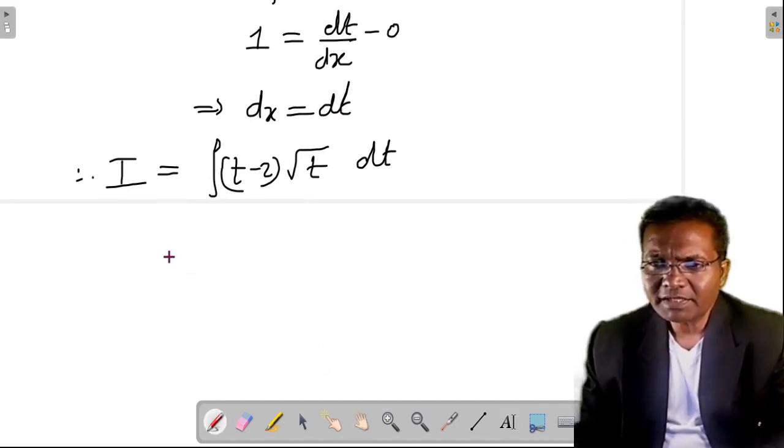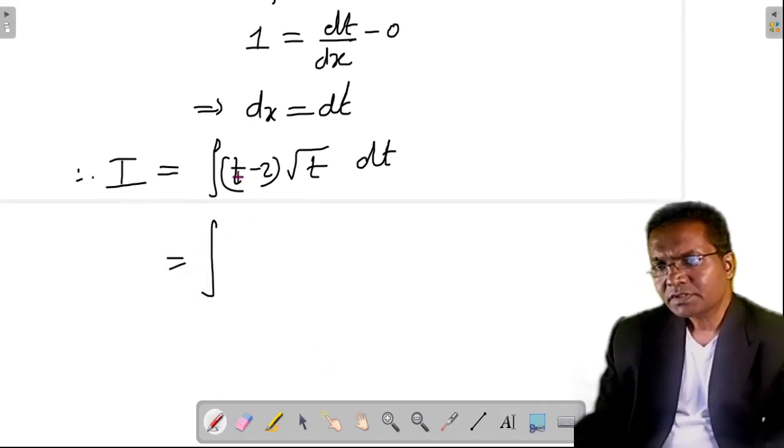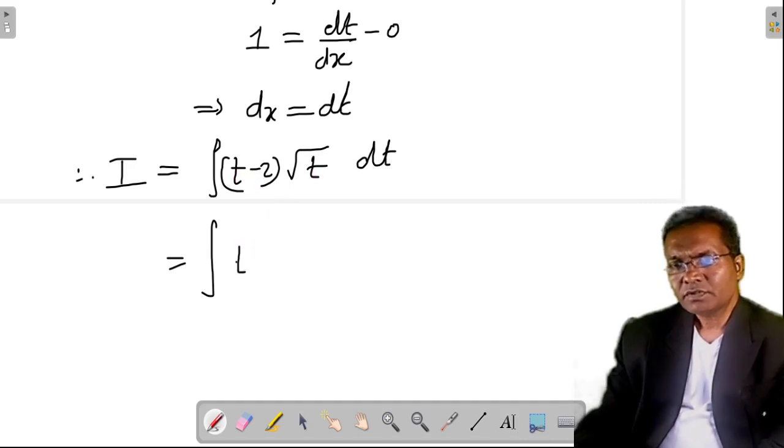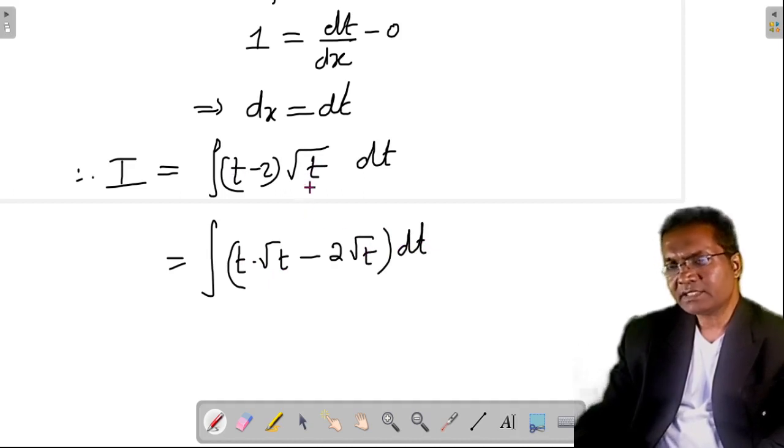Now see here, this can be integrated very easily. t into root t minus 2 into root t dt.